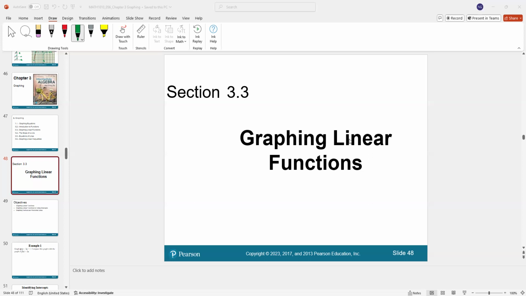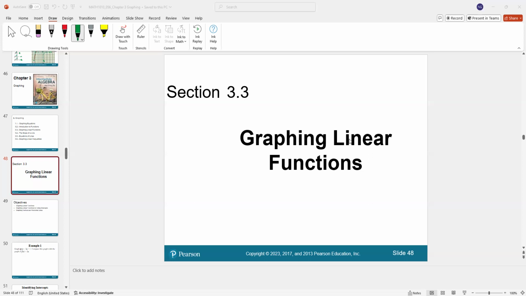One of the things you need to remember in this video, where we're really going to talk about graphing linear functions, is that in this section we identify and graph linear functions. We did that at the beginning, especially where we used the vertical line test. Once we use the vertical line test, if it intersects the graph only one time, we know it's a function.